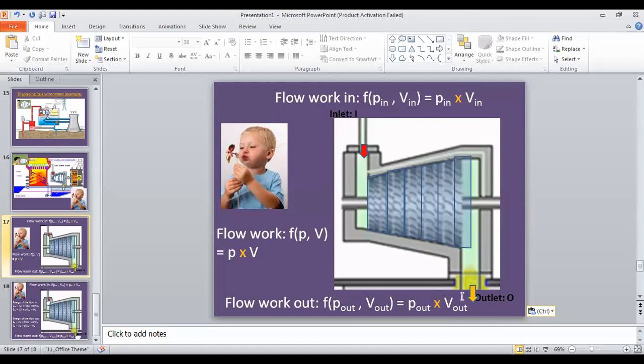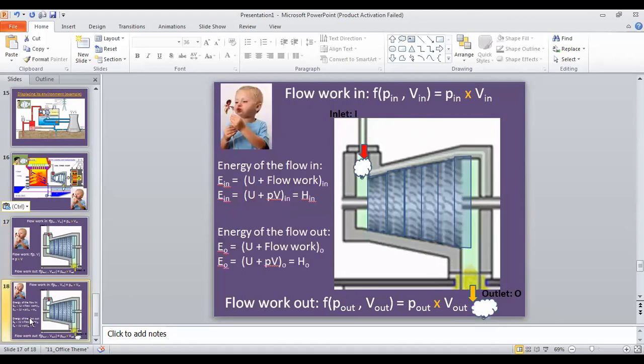Otherwise, the flow stops. That's why the energy in of the flow in is internal energy plus flow work in. Okay, so U plus PV in, energy in.